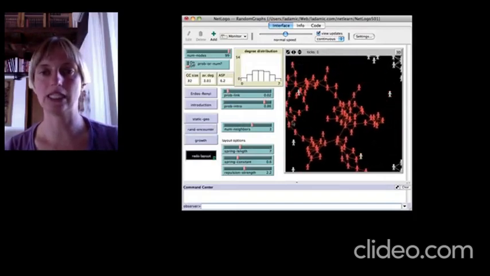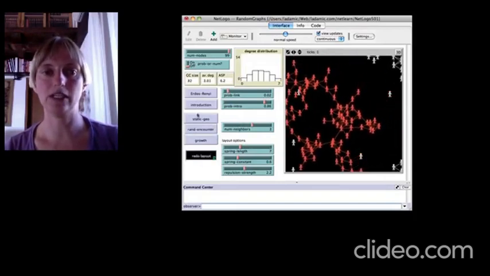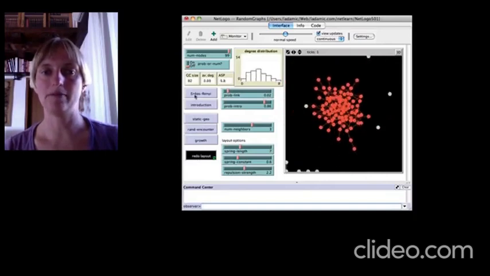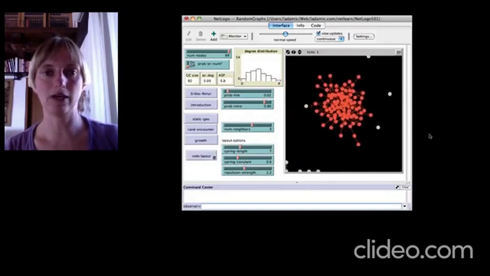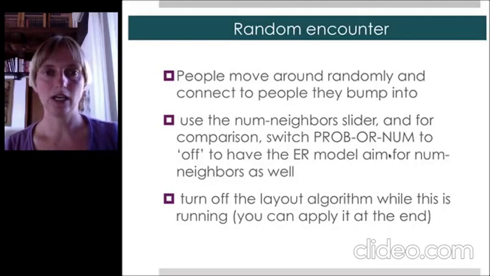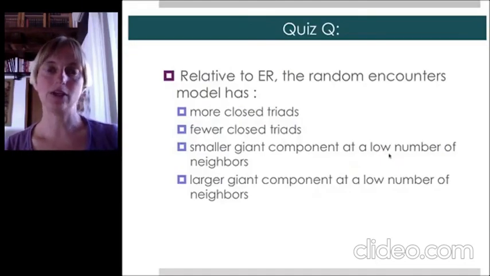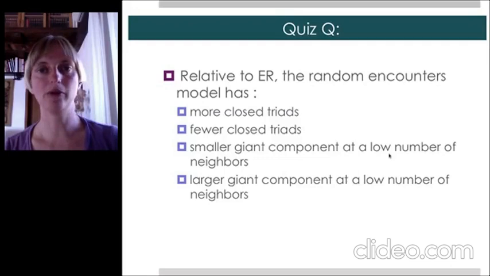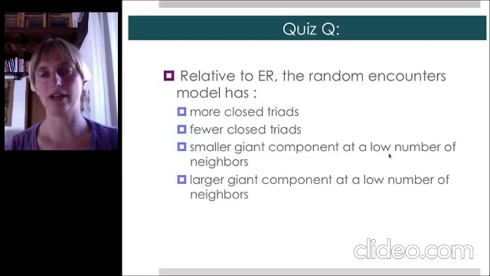And we want to look at this network relative to the equivalent Erdős-Rényi, right? And so again, we want to answer very similar questions about, are there more or fewer closed triads? Is there a smaller or a larger giant component relative to the Erdős-Rényi?